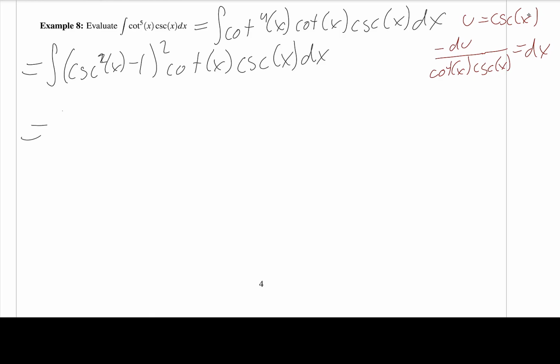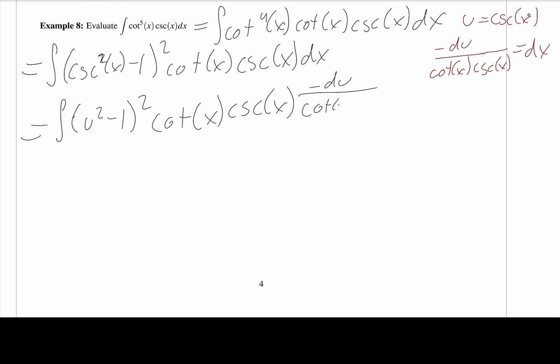So this turns into u squared minus 1 squared cotangent x cosecant x, and then dx is the same thing as negative du over cotangent x cosecant x. So these cancel. And then we're left with the integral of u squared minus 1 squared. And then I have to remember this negative sign right here, so I'm going to pull this out here.